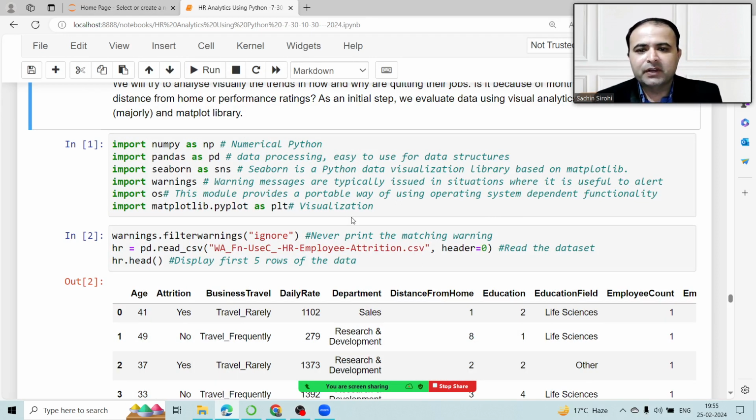First I write all these libraries here, and after that warnings.filterwarnings to ignore, so if any warning shows, you can ignore it.